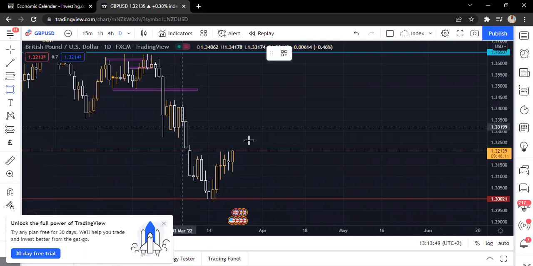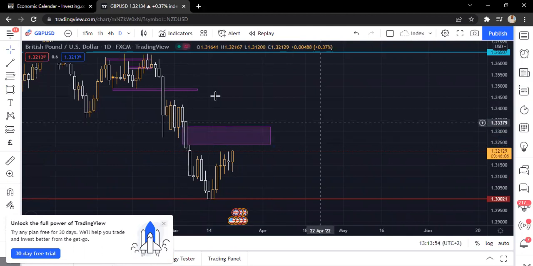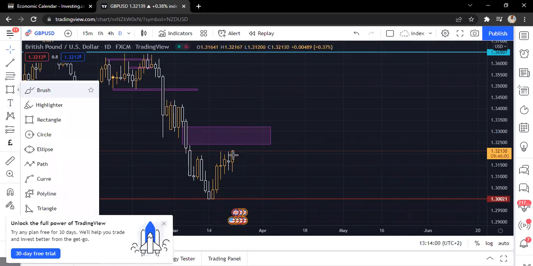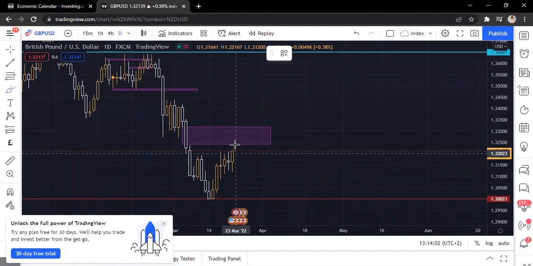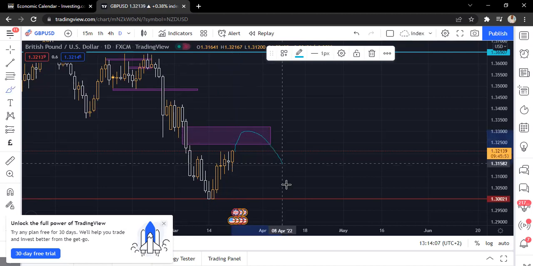So we mark this area, this, right? So this is my expectation here. I'm expecting the market to push further to these areas and then reach this area and then probably change direction from here, right? So what are you going to do? I'm going to mark this area.